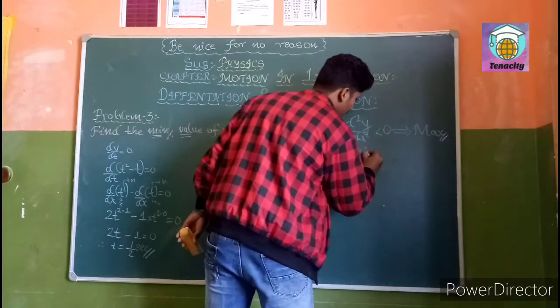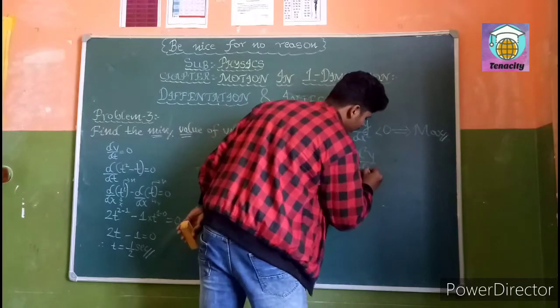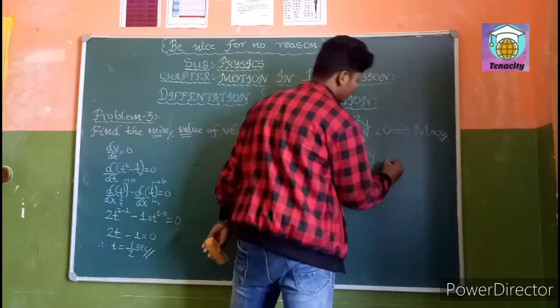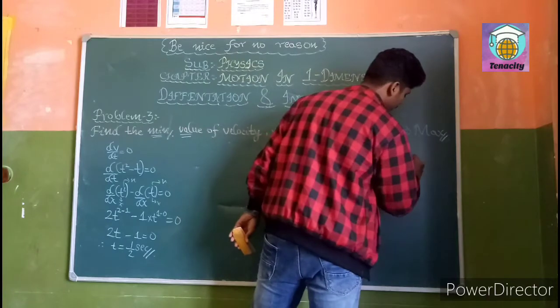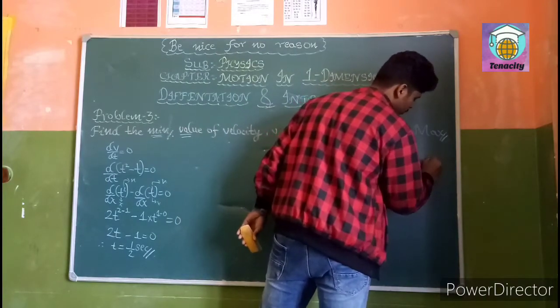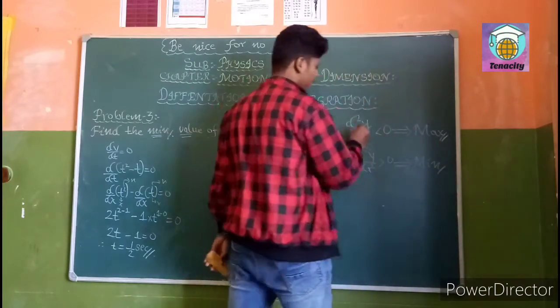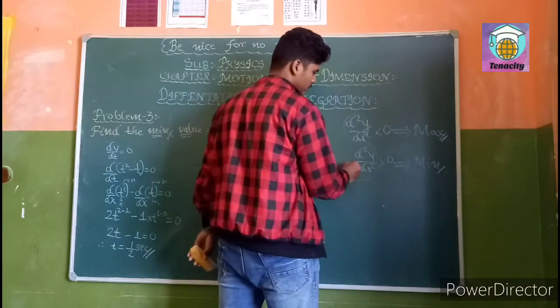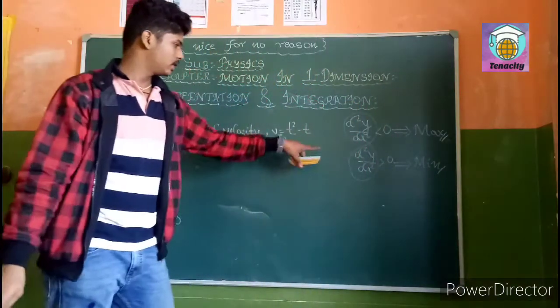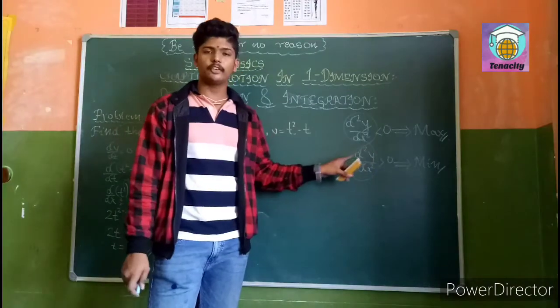And when d square y by dx square is greater than 0, we say it is minimum value. So again you are seeing this new term, right? This is called double differentiation.